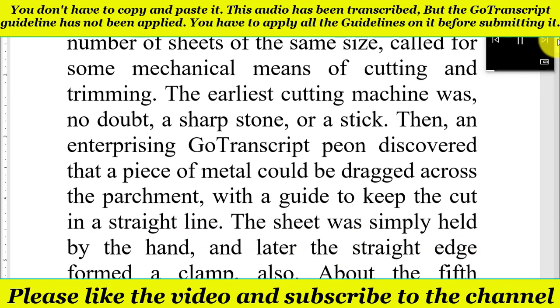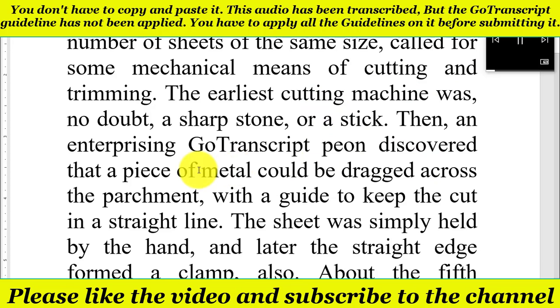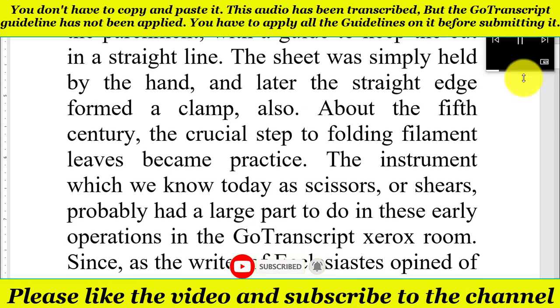Then an enterprising GoTranscript peon discovered that a piece of metal could be dragged across the parchment with a guide to keep the cut in a straight line. The sheet was simply held by the hand, and later the straight edge formed a clamp also. About the 5th century, the crucial step of folding the vellum into leaves became practiced. The instrument which we know today as scissors or shears probably had a large part to do in these early operations in the GoTranscript Xerox room.